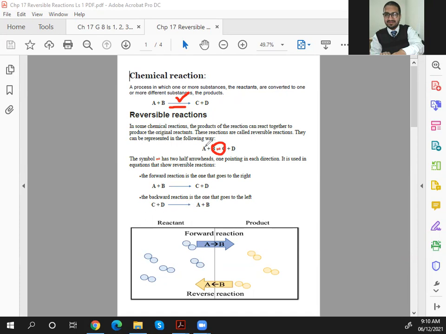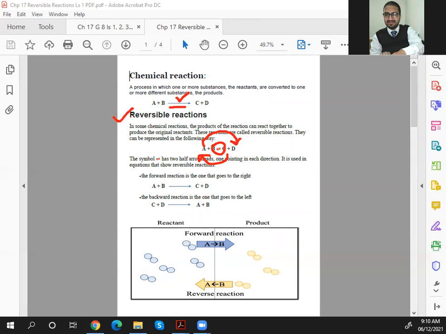It means it can go from left to right and also from right to left. This is called the half arrow, and this is the representation of a chemical reaction that is a type of reversible reaction.